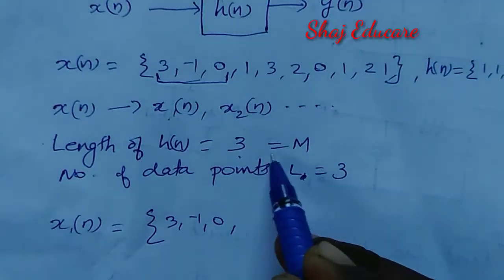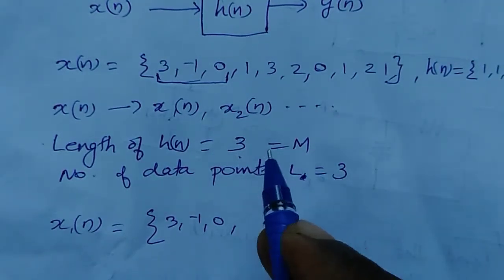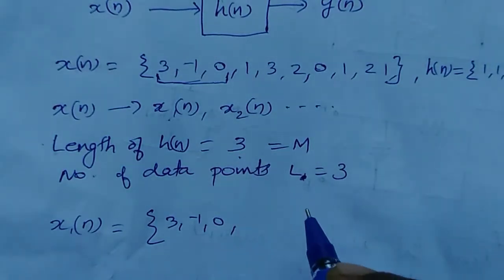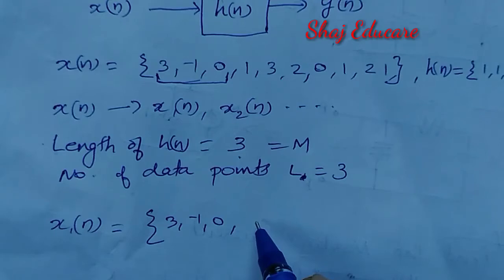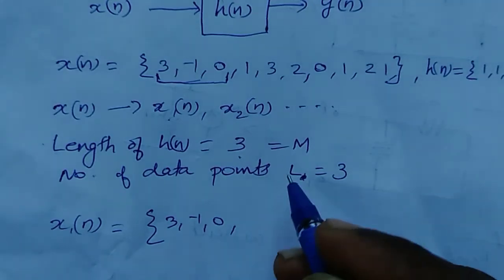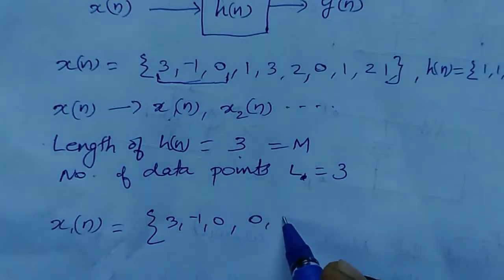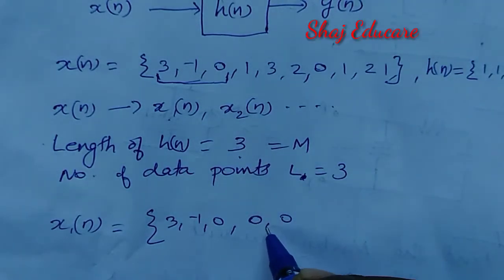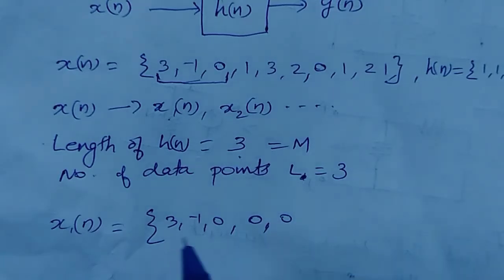M is the length of the impulse response, and now we have to put M minus 1 zeros. M minus 1 gives 3 minus 1, which is equal to 2, so we have to put 2 zeros.